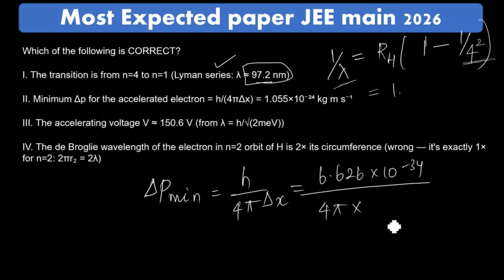It is 0.05. Substitute the pi value and you should end up with this one. Then the accelerating voltage V is equal to 150.6 from this one. Here also you just need to substitute the values. We can expect this kind of question because it involves a lot of solving and you have to solve it very quickly. The answer to this question is that 1, 2, 3 are right and 4 is the false statement.